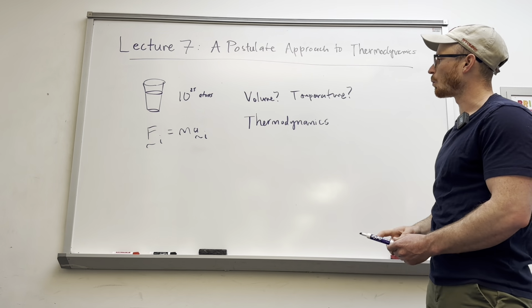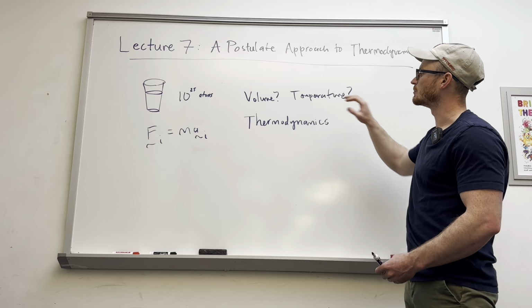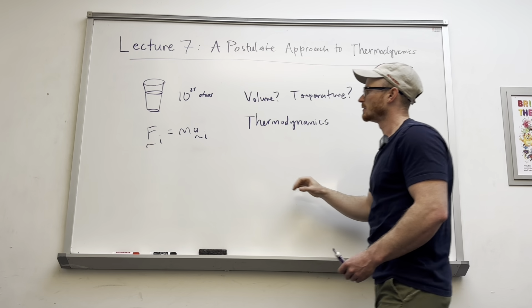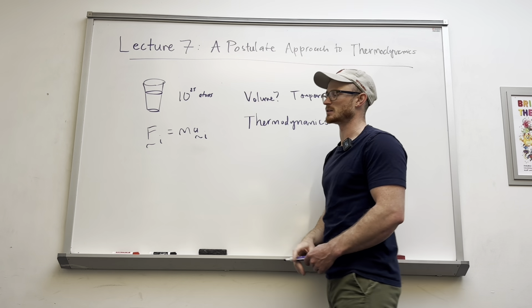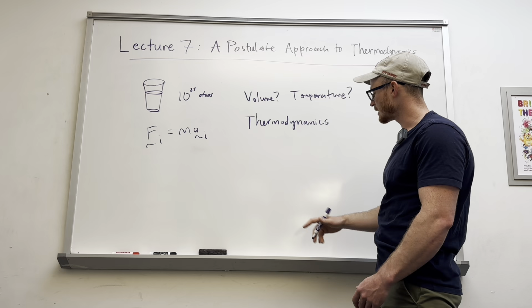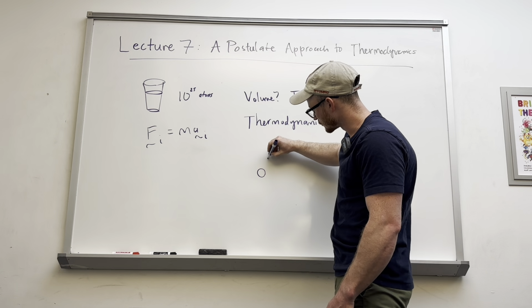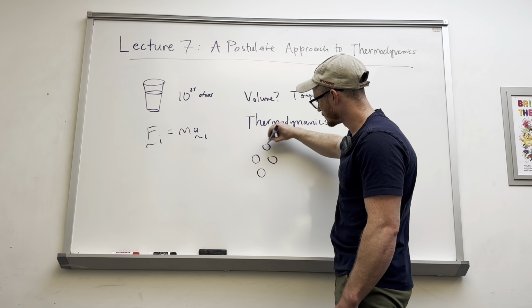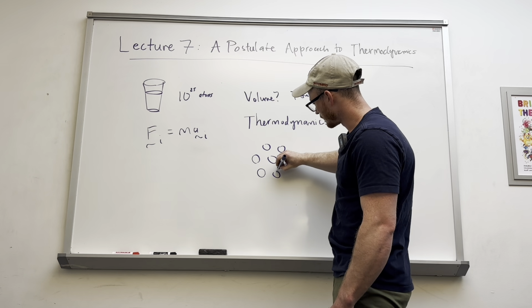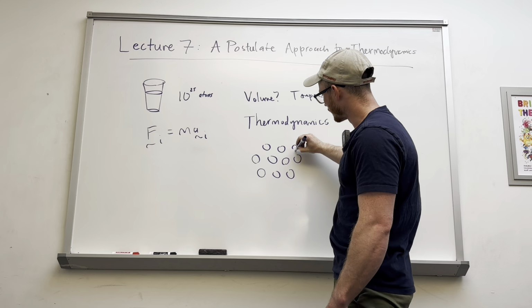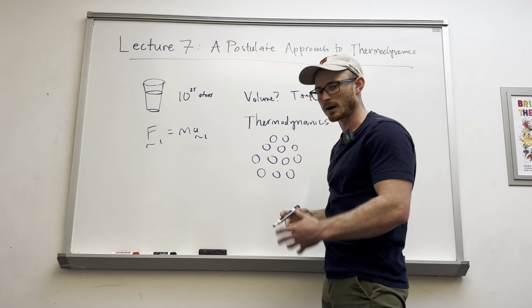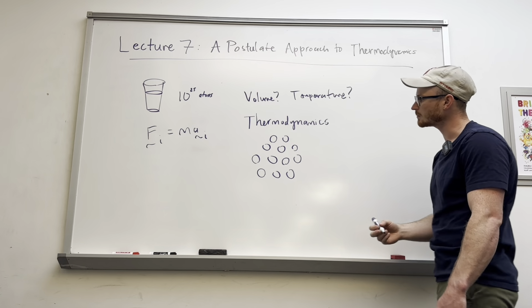Now, why can we look at things like volume and temperature versus the equations of motion when we study these systems? Well, let's think about how atoms move. So let's say I have a system, and I'm just going to draw these water molecules as circles. Let's say we have a system of water molecules. And of course, they're rotating, they're vibrating, they're moving around.